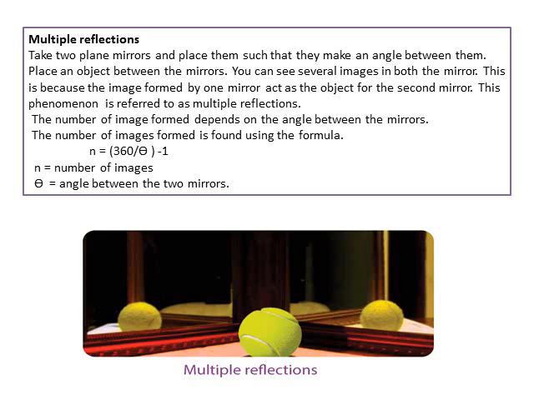Yes. The number of images formed depends on the angle between the mirrors. The number of images formed is found using the formula n = 360/θ − 1, where n refers to number of images and θ refers to the angle between the two plane mirrors.